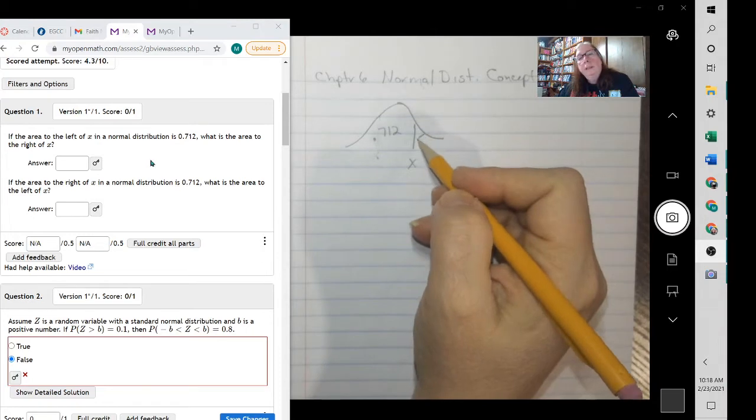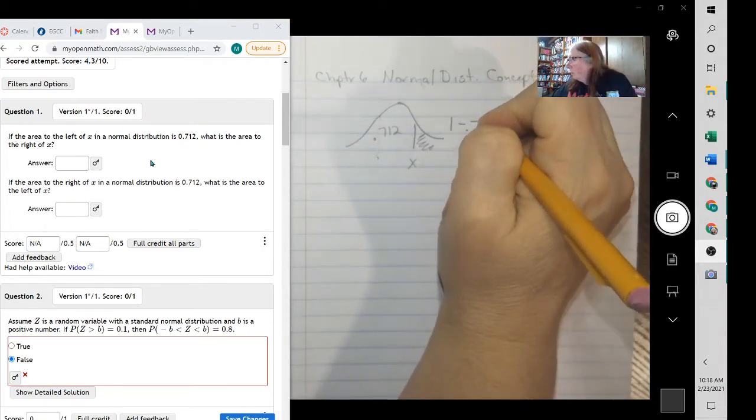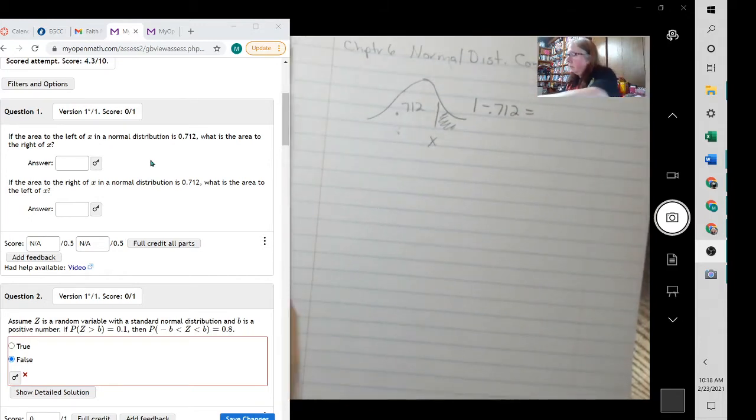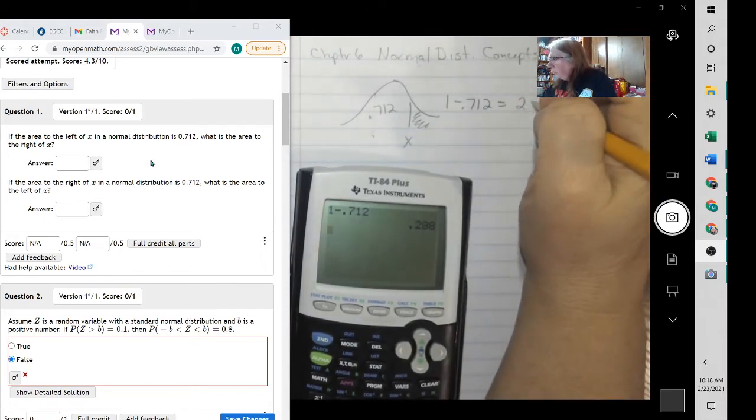So to find the area to the right, you just subtract from 1. You get 0.288.